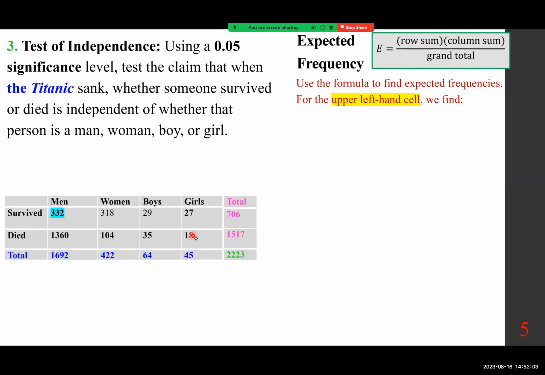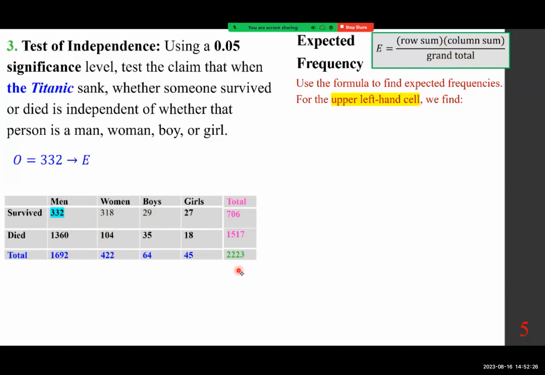So if the observed value is 332, what is the expected value? According to this formula, what is the row sum? This number times column sum. So this one belongs to this row, belongs to this column, the product of these two, divided by the grand total of 2,223.